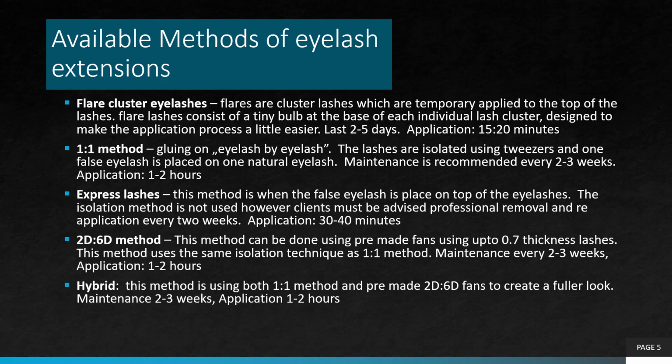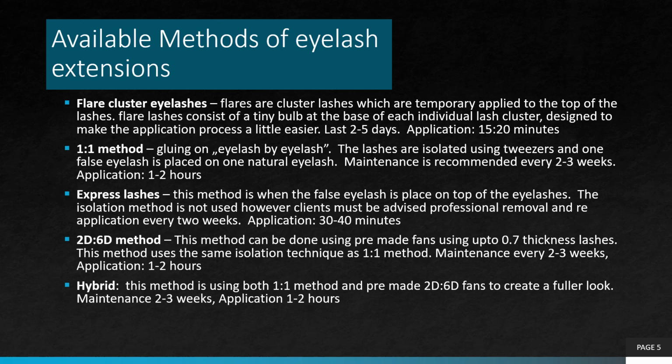The one-to-one method, which is what you're learning with me, involves gluing one false eyelash to each natural eyelash. This technique requires isolating each natural lash using tweezers, ensuring that the false lash is applied individually. Maintenance is recommended every 2 to 3 weeks, and the application process usually takes 1 to 2 hours.